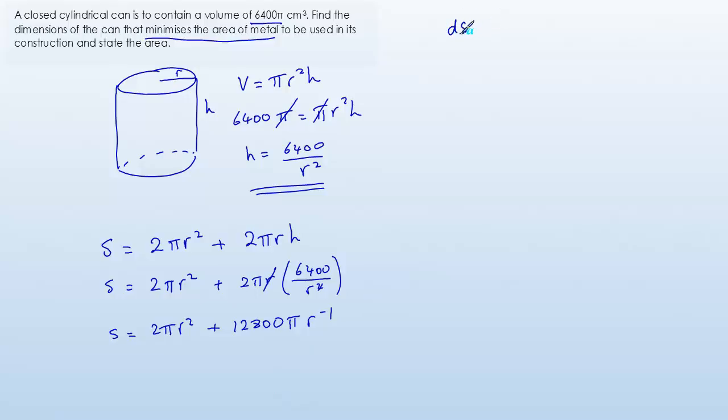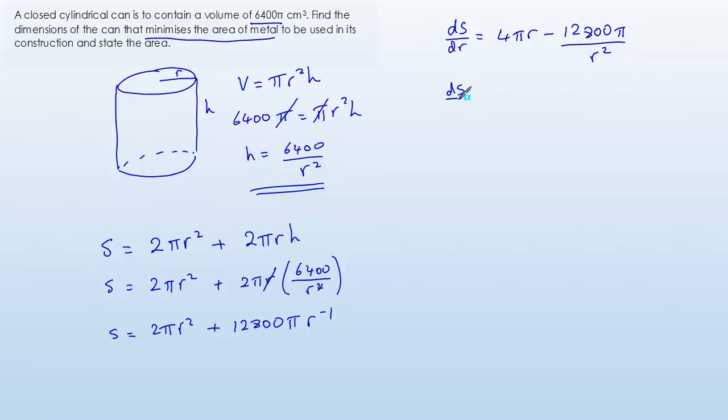So ds dr, that's going to be 4 pi r minus 12,800 pi r to the -2.